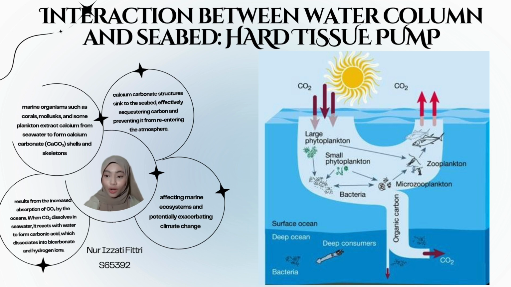As we can see in the image, as they die or are consumed by zooplankton, carbon moves through the food chain and some of it sinks to the deep ocean in the form of organic matter. As we can see from the image beside me, this process is essential for long-term carbon storage and is often referred to as the biological pump.